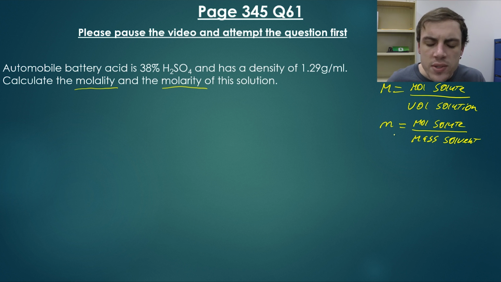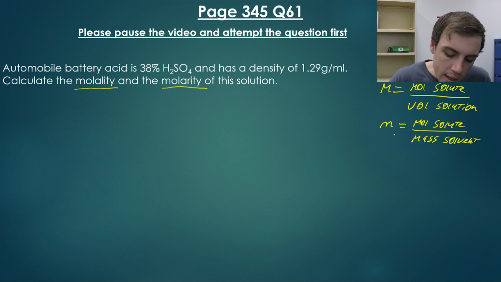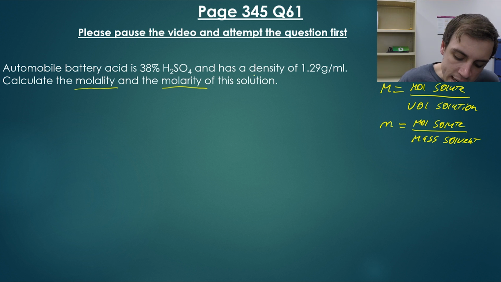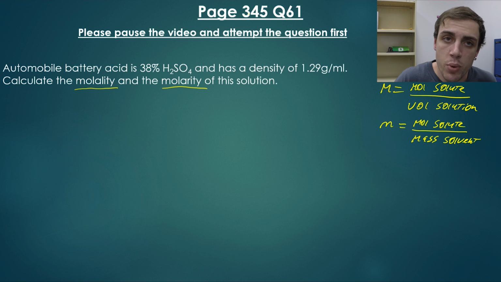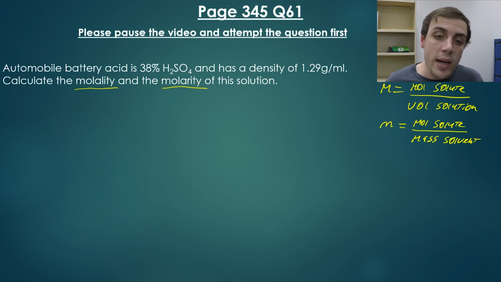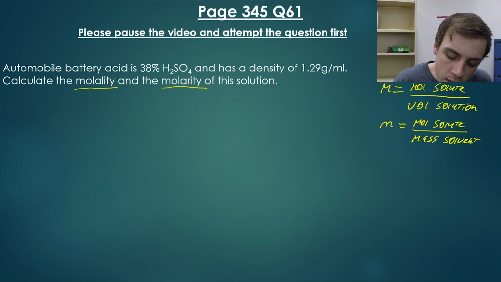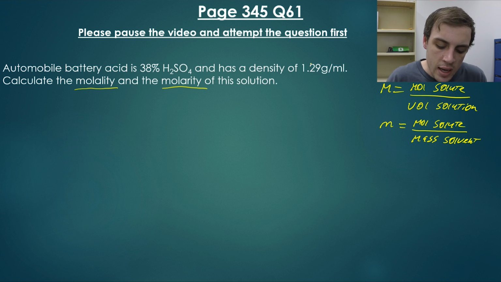So how do we do this? What's our first step? Again, we have a density of the overall solution. So that's our best approach. So the density is 1.29 grams per mil, and we need to find the volume of the solution in liters. So the easiest way to go about that is, again, multiply our density by 1,000 so that we know how much it weighs per unit volume of the solution.